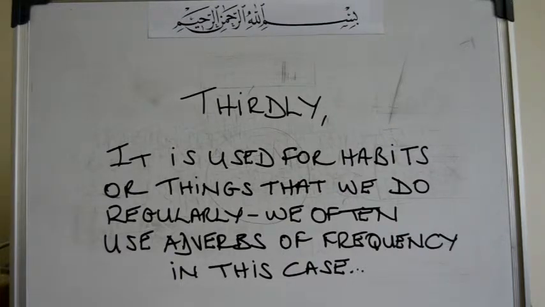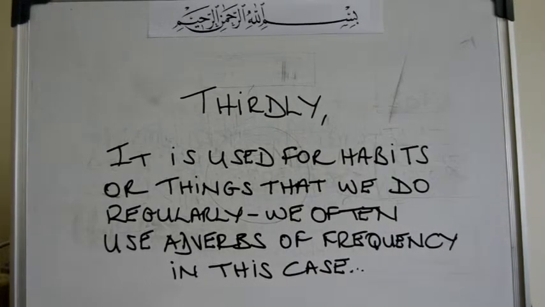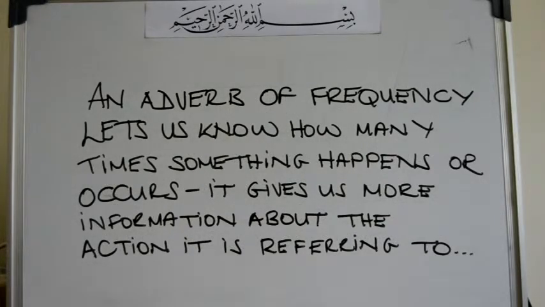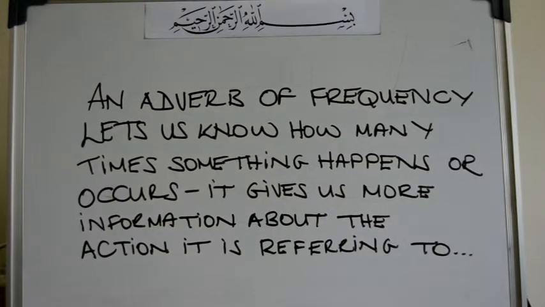The third use of the simple present or present simple is for habits or things that we do regularly. We often use adverbs of frequency in this case. When talking about habits or routines or things we do regularly, adverbs of frequency are often used. An adverb of frequency lets us know how many times something happens or occurs.